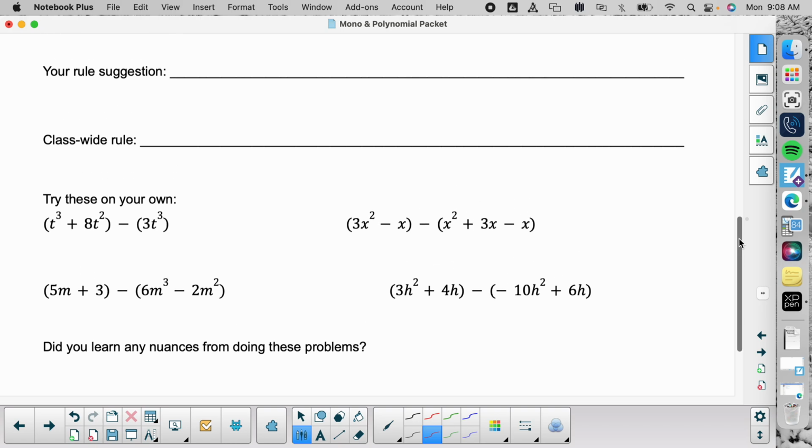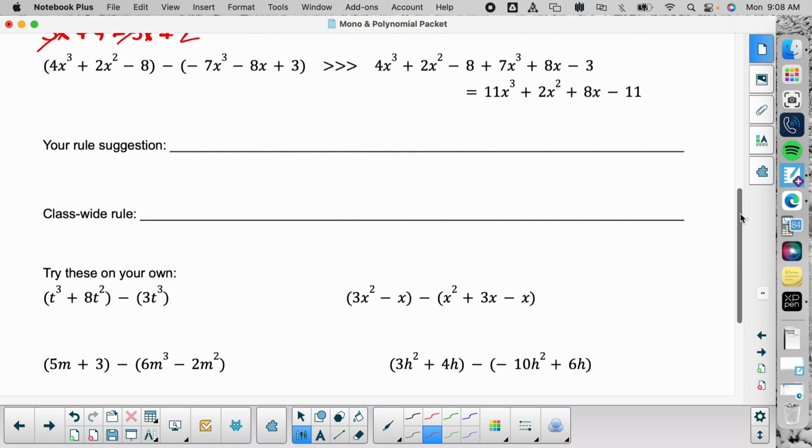I almost forgot. This is a good one to put the class-wide rule. Class-wide rule: distribute out the minus sign in front of parentheses. Or should we write that differently? Is "distributed" too big of a word right in there? No? Okay, excellent.